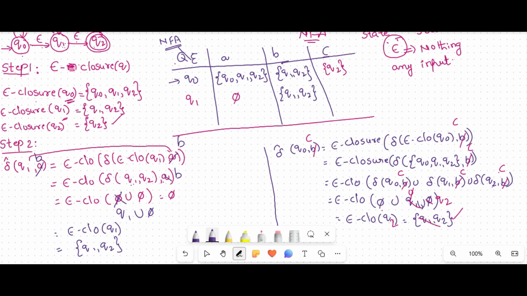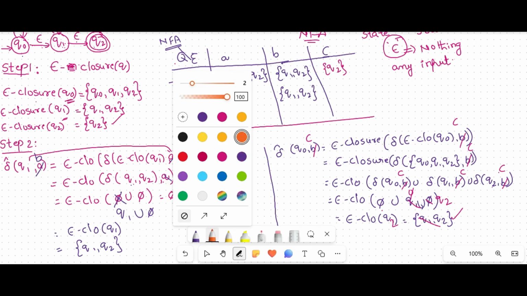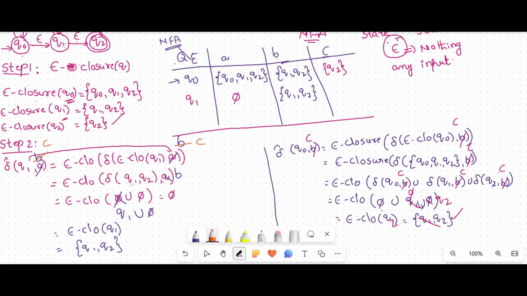Okay, next Q1 with C. Same state, only the input is changing, now it is C. Epsilon closure of Q1 with C, phi union Q2 with C, Q2 is there.